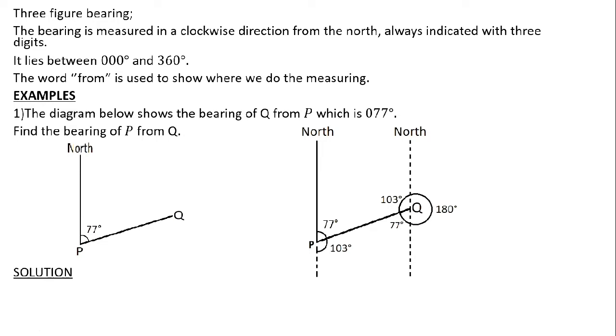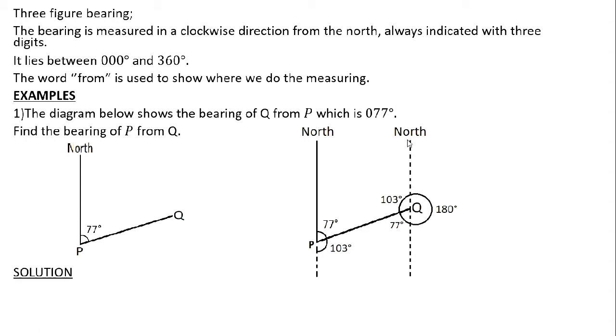So if this is 77 degrees, it means even that should be 77 degrees. And then angles on a straight line add up to 180. So to find this one, you have to subtract 180 minus 77, which is going to give us 103.